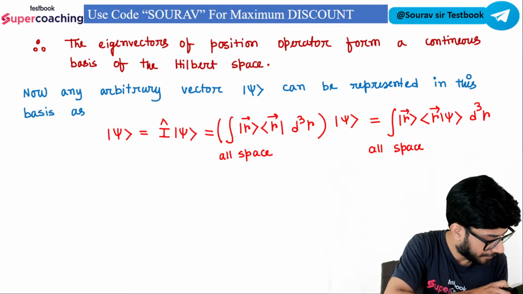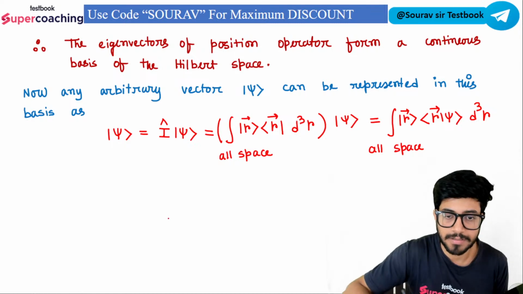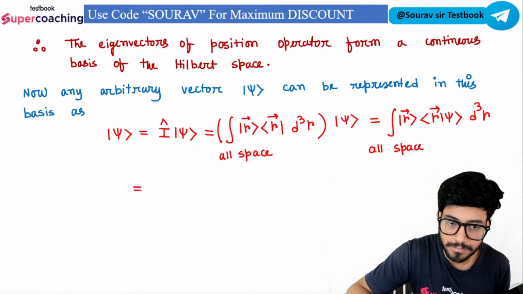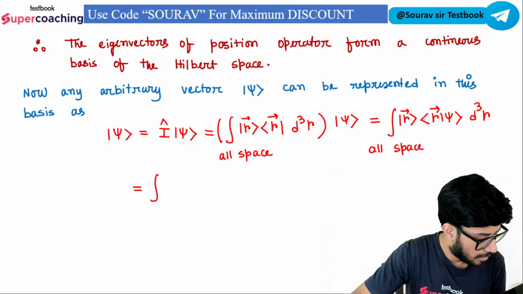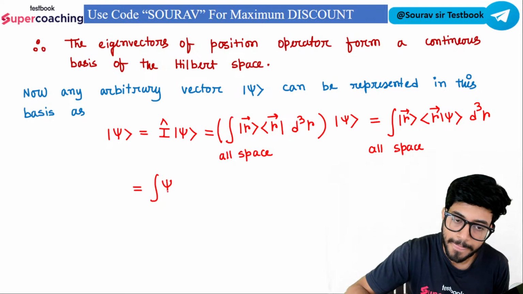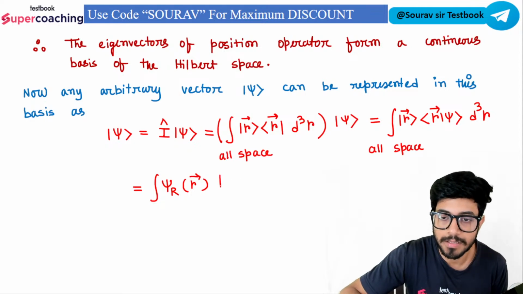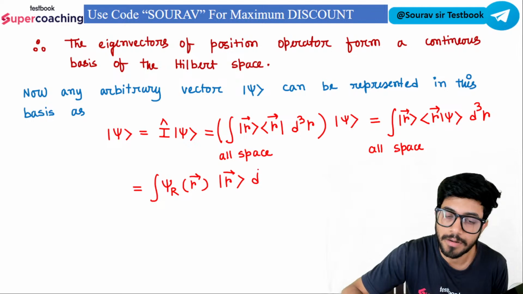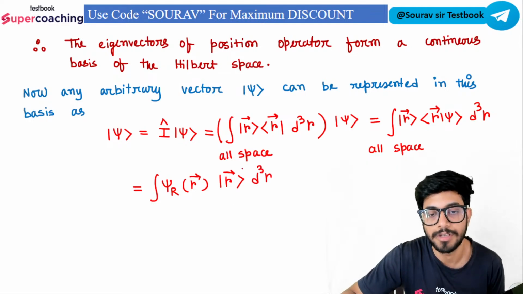Now, this thing I can write as psi of r vector. That's the scalar. Then this r vector thing, then dq bar.